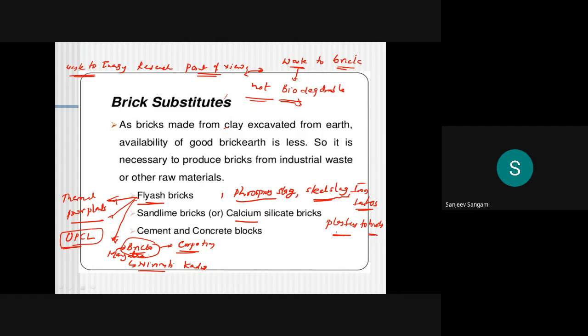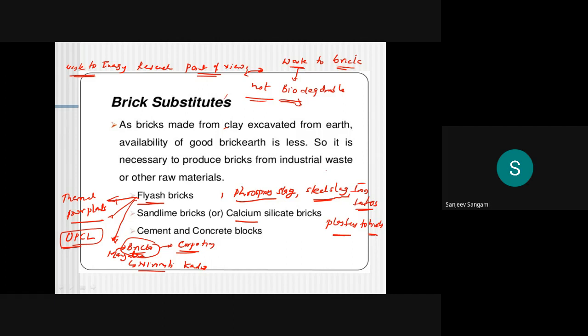If you want to prepare bricks other than using the earth material, that is possible. Okay, but it requires some research, and you always have to see what applications we are using it for, whether it is feasible.